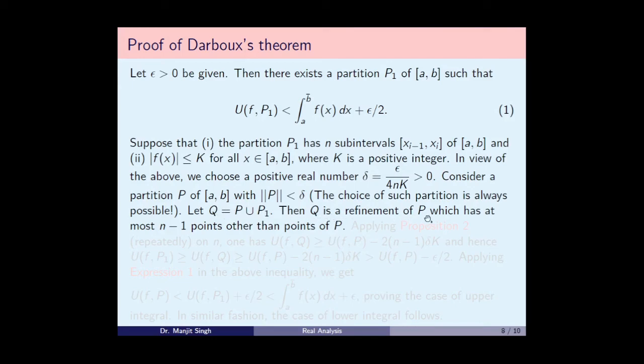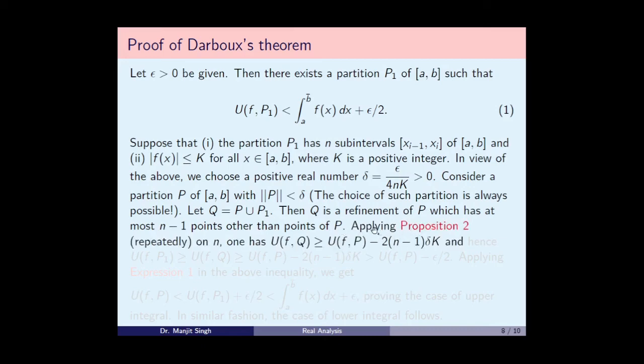Obviously Q is a refinement of P, and it has at most n minus 1 points other than the points of P. As we know, there are two partitions P and P1, and P1 has n plus 1 points, and we know that there are 2 points common in it, and there may be more points common in it. Therefore the number of points in Q can be at most n minus 1 other than the points of P.